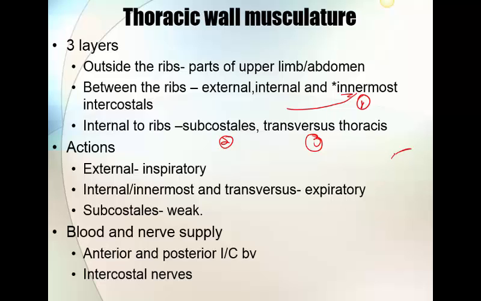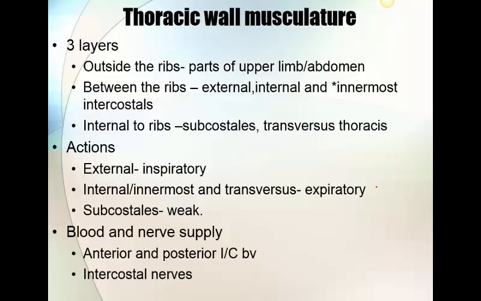So if I divide the 3 layers like this, innermost intercostal is this middle layer which is present along the lateral side of the thoracic cage in the middle. The subcostals are present in the posterior part of the intercostal spaces, just in the posterior part. And the transversus thoracis is just present in the anterior portion of the intercostal spaces. So you do not see all of them everywhere. So it's kind of broken up into 3 layers.